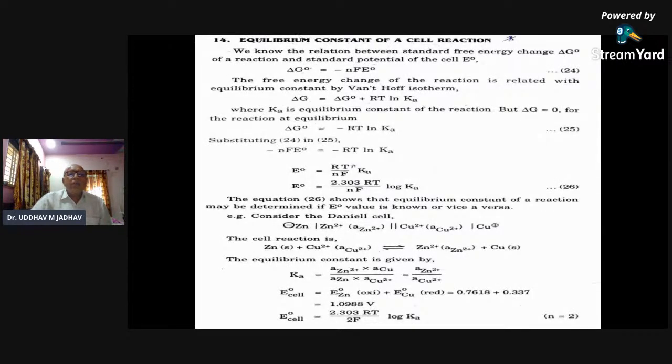Remember well, if the reaction is an equilibrium reaction, then the equilibrium constant can be calculated by having the knowledge of standard electrode potential or cell EMF or electrode EMF.